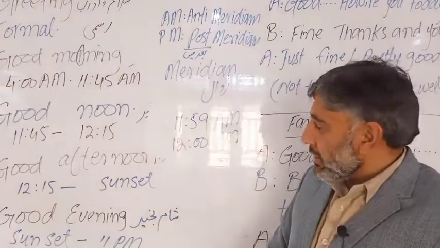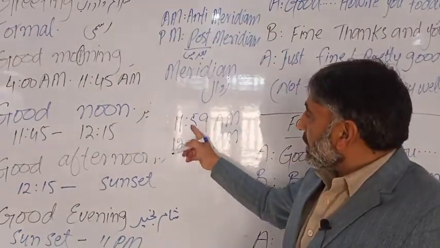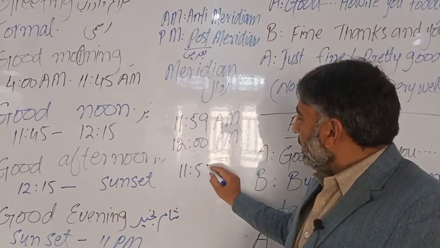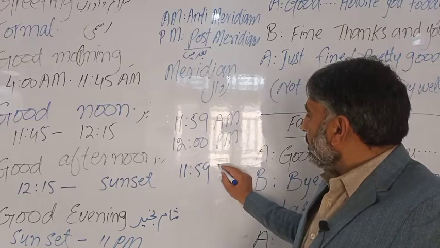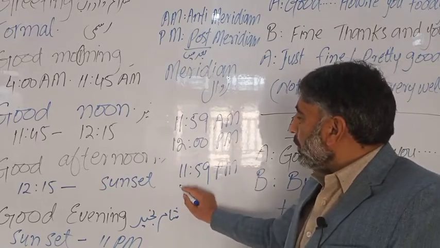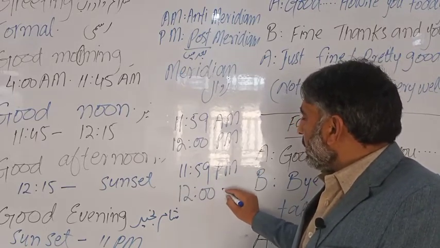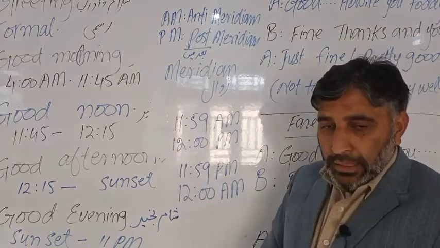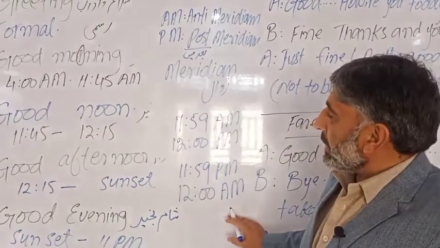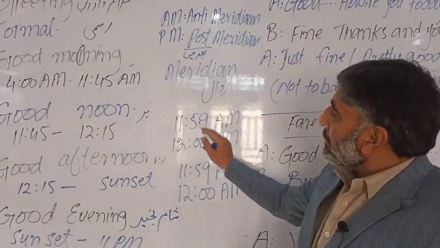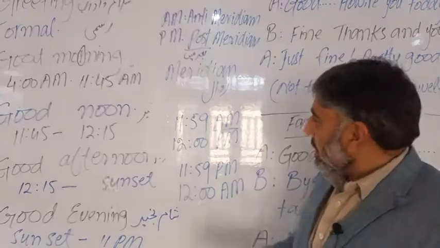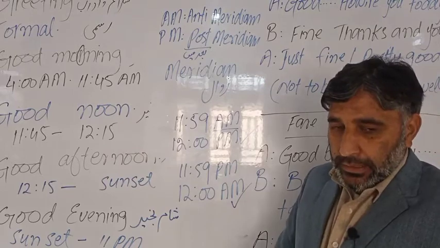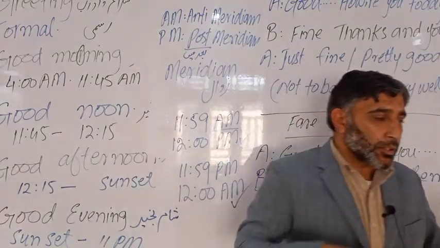Similarly at night time, when it is 11:59 at night, we will say 11:59 p.m. But when it becomes 12 o'clock at night, then we will say 12 a.m. So a.m. begins at night time and continues till 11:59 during daytime. This is also called midday, and this is called midnight as well. So you will have learned this one as well.